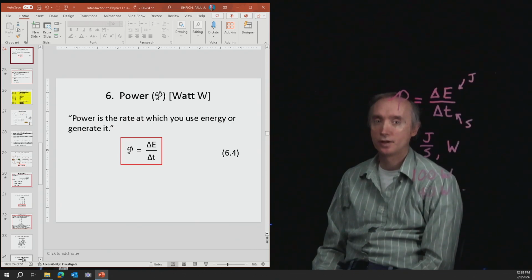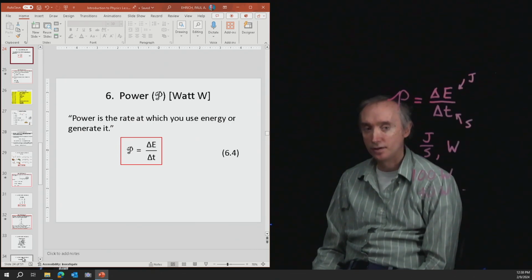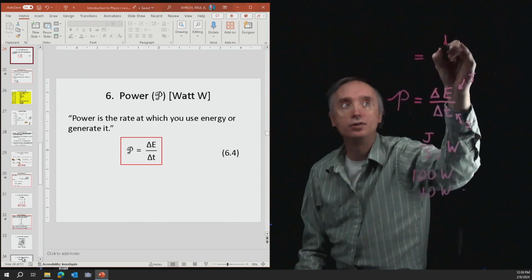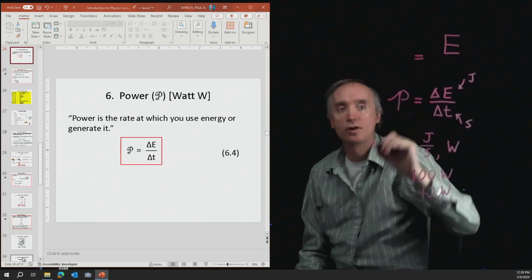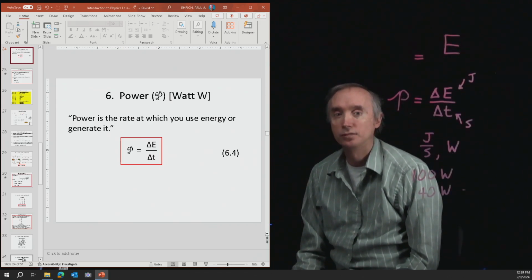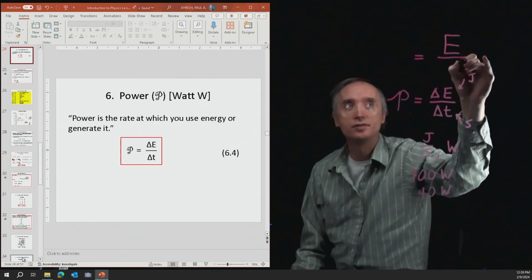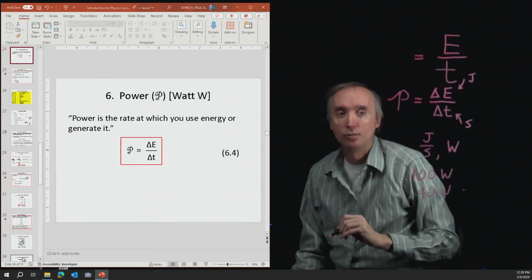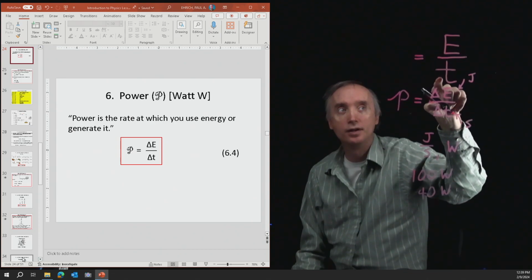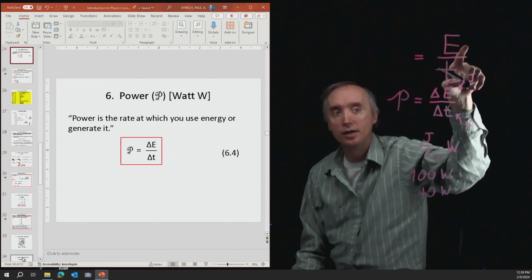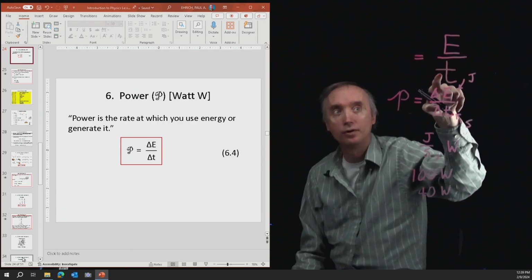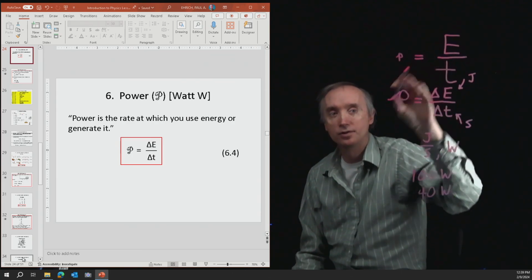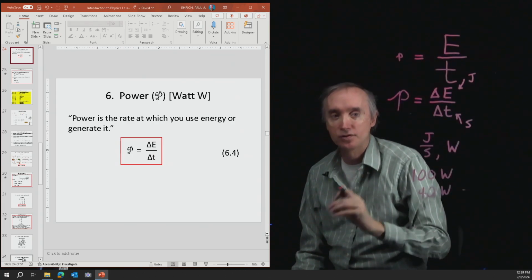Now you could have something that uses a tremendous amount of energy. So let's say that it's using a huge amount of energy, so I'm going to draw a large E. But if it uses that energy over a long period of time, then if you divide by a big number, it doesn't matter that this number appears big. If you divide by a bigger number, then the amount of power that that particular device uses is very, very small.